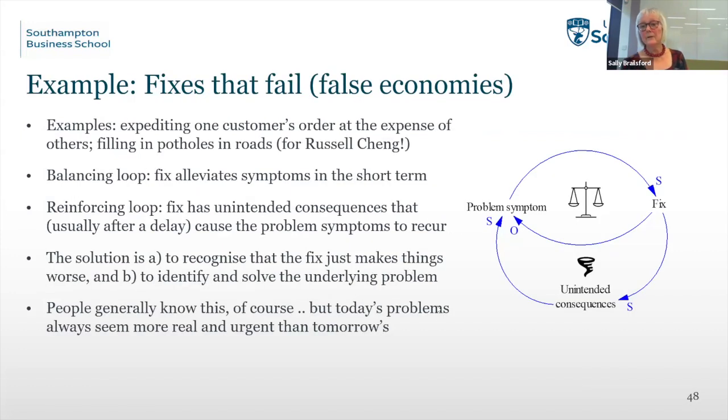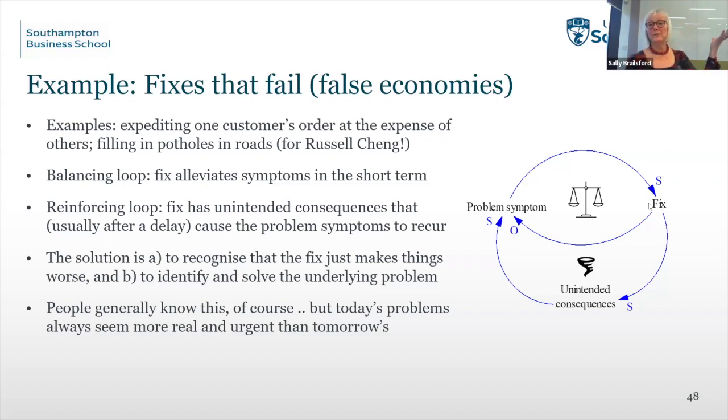So the example I've got, which is especially, I don't know again if Russell is listening, we've had some email correspondence, Christine knows about this, is potholes. The issue is that you have a problem and you have a quick fix for it. For those of you who are not familiar with the SD notation, the S means as the problem symptoms increase, the fix increases.